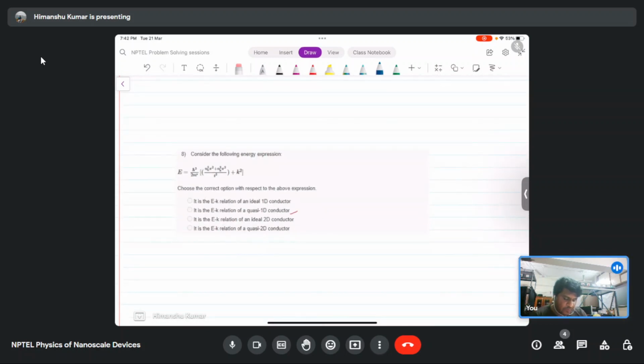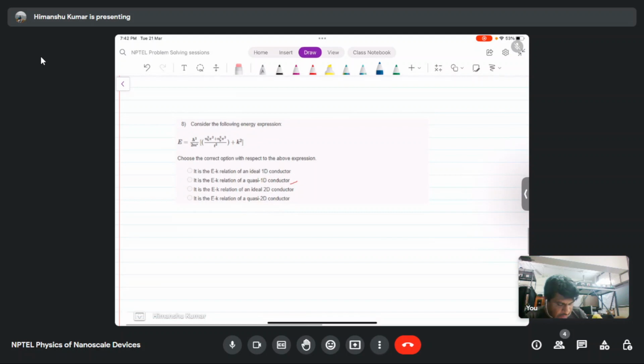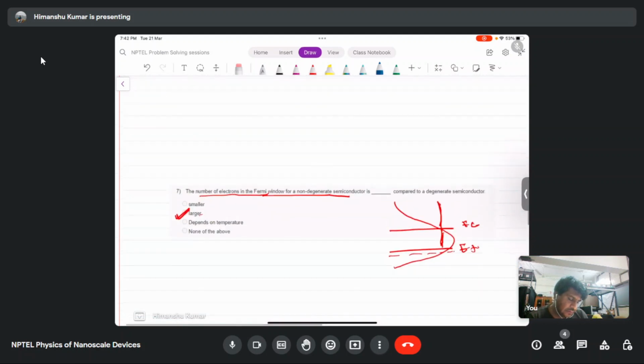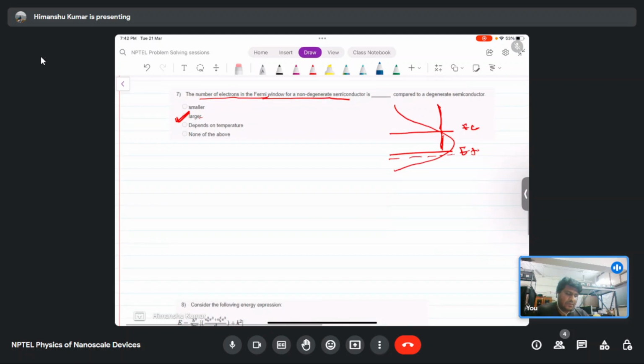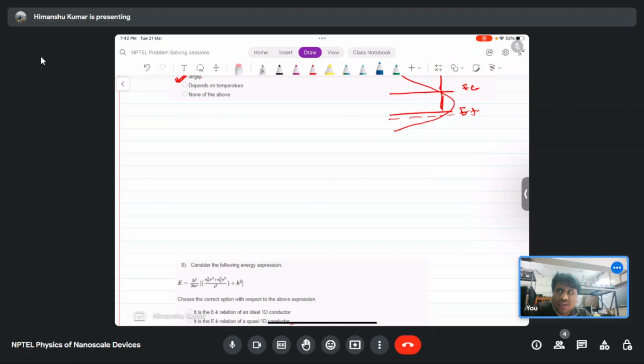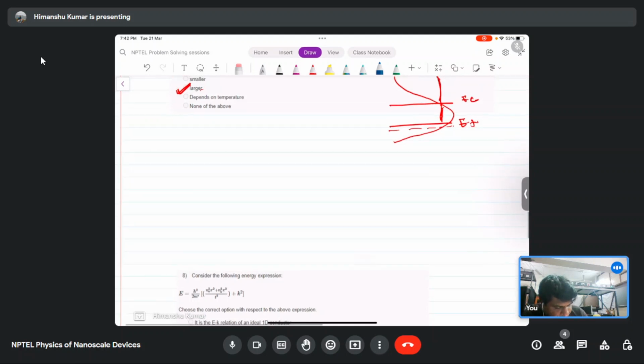So, if we move to the next problem. Sir, if the density of states is large, then the number of electrons occupied is less. Basically, if you talk about a non-degenerate semiconductor, your density of states is related to the curvature of the valley.